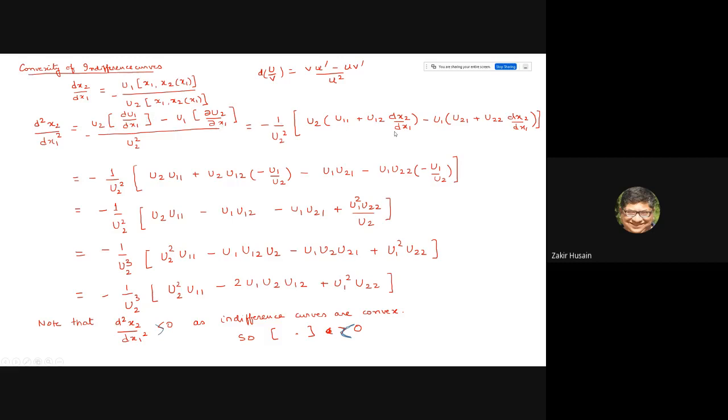We will use this equation and this rule, and we'll show that the second derivative is equal to this expression. Okay, this one. So up to this one, is it clear, everyone? Yes, sir.